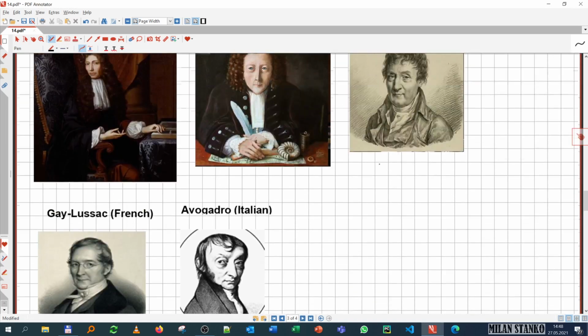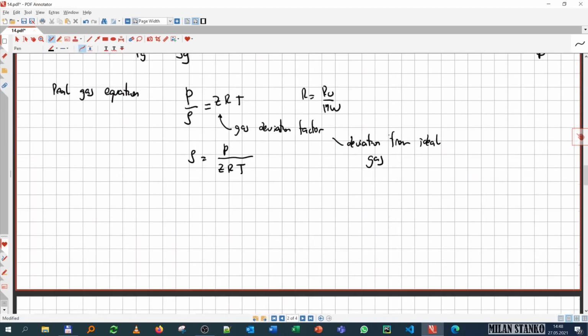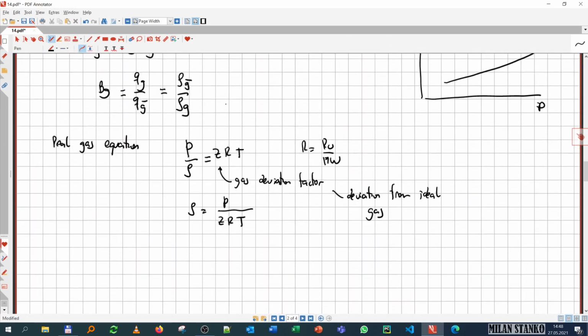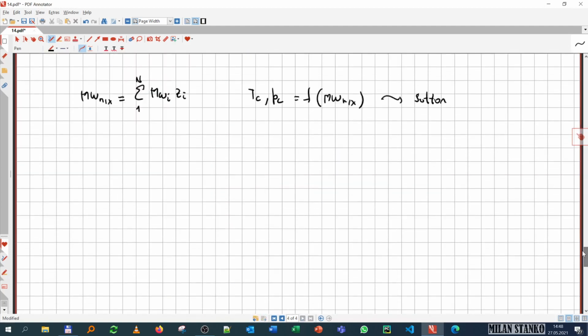So let's go back to this small detour. Now we know that this is the density ratio, Bg. Bg is the density of gas at standard conditions divided by the density of gas at local conditions. The density of gas at standard conditions is P divided by Z R T, and this T should be standard conditions, and Z at standard conditions.